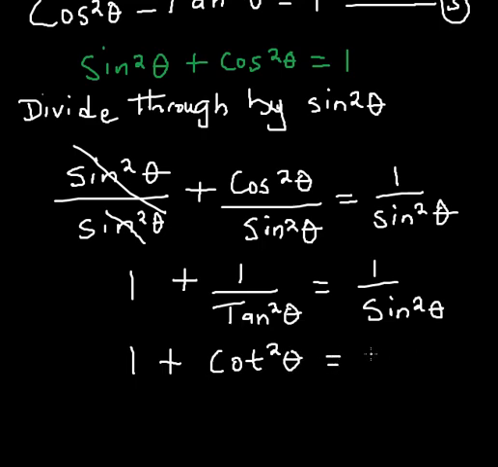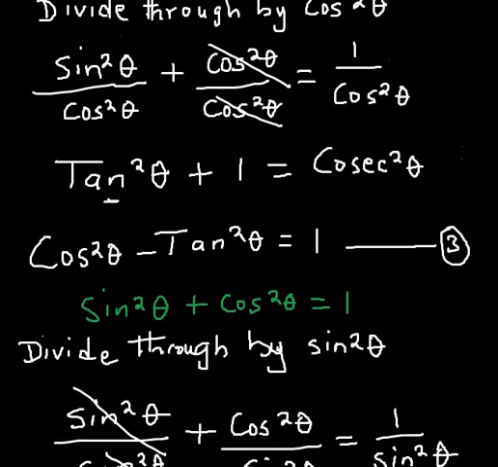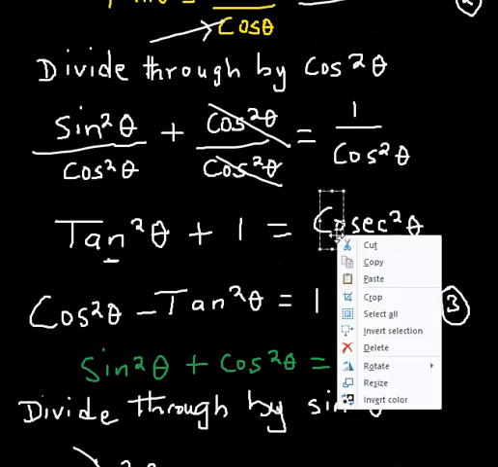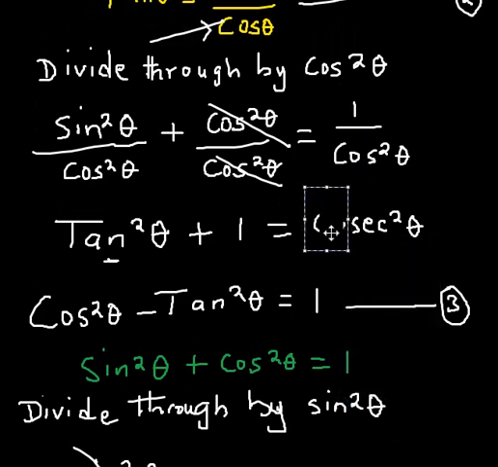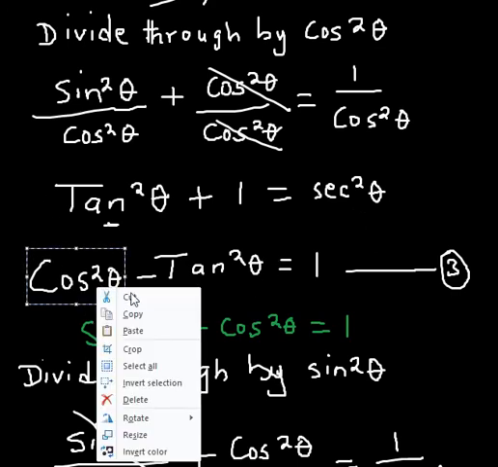And the inverse of sine, please pardon me, I made a mistake here. The inverse of sine square theta is cosec square theta. Please pardon the mistake.